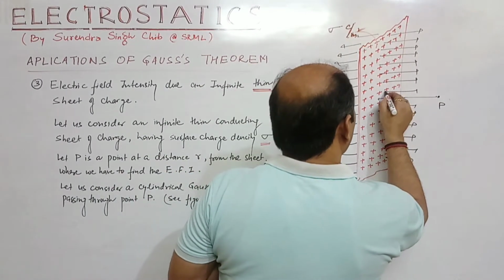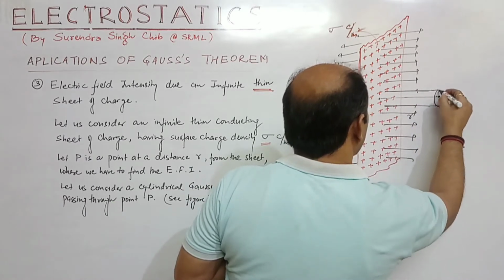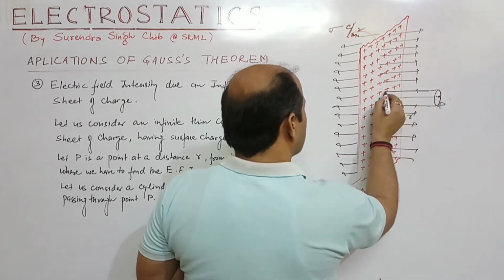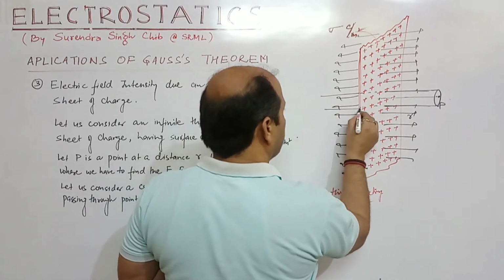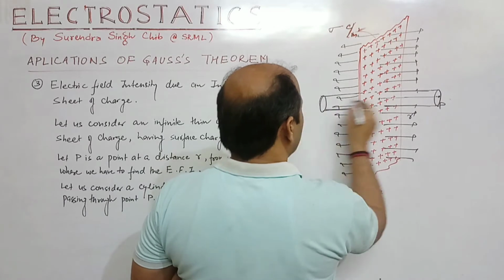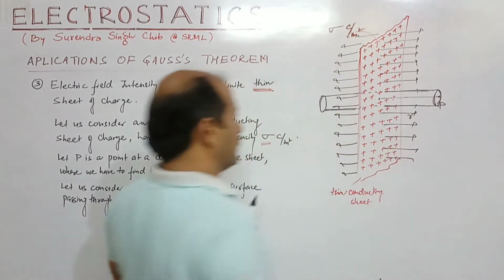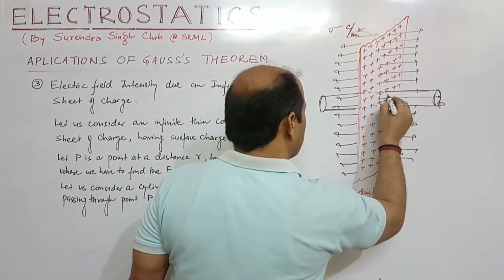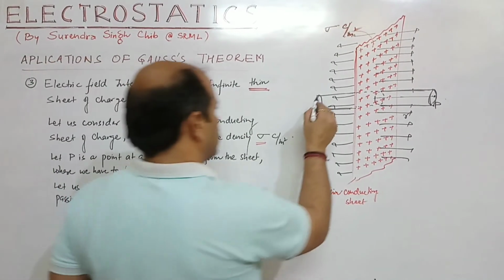We'll take like this. This is the cylindrical Gaussian surface. इसका back side है, इस side भी जाना. So this is a cylindrical Gaussian surface, and it encloses this much portion.